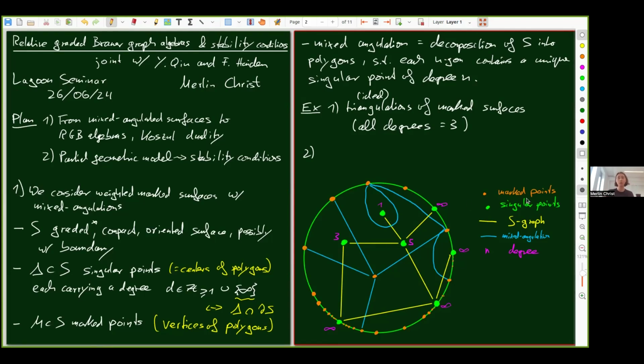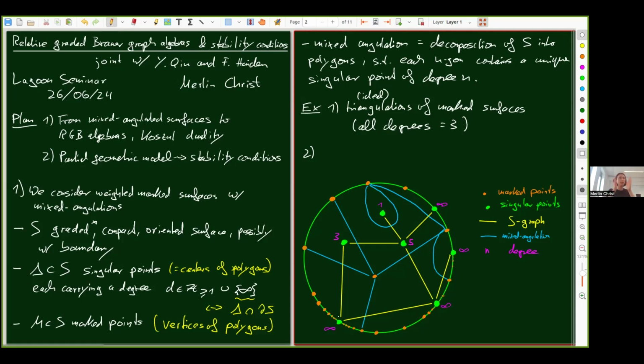And then there are marked points. These are drawn in orange, and I can't draw all of them because there will be infinitely many of them. And the way this works is that there are a few marked points here and there, they're discrete. And then whenever you approach a singular point, they become dense. So if you look, for instance, near this singular point at the bottom left of degree infinite, there's a lot of marked points.